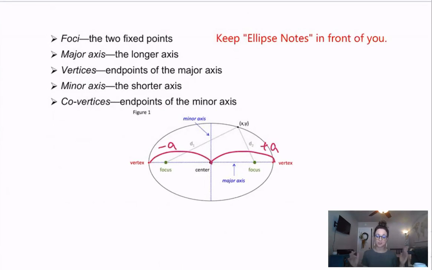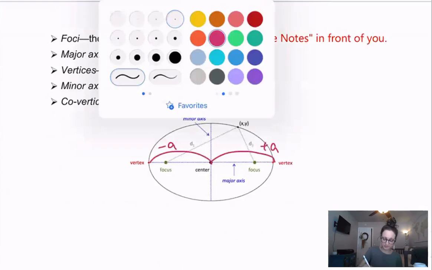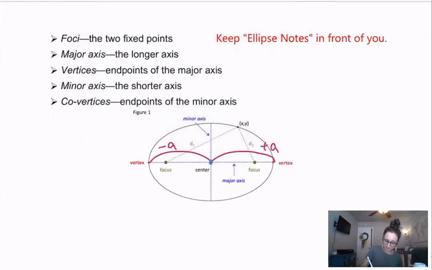That is your longer end, which in this case is opening horizontally, so your major axis is horizontal. Your minor axis is the shorter one, so you start from your center and add and subtract B. That's how you get to your co-vertices, the ends of your minor axis.